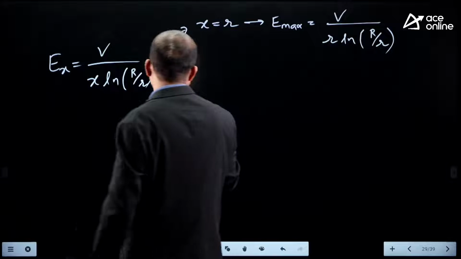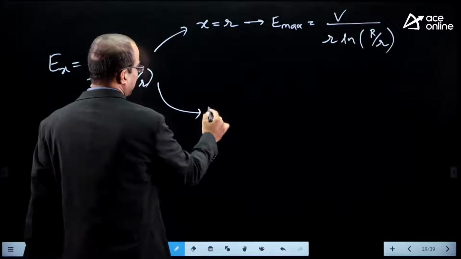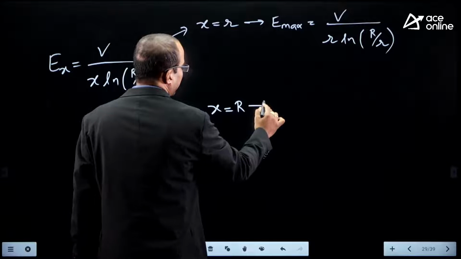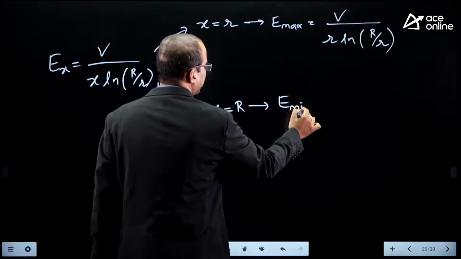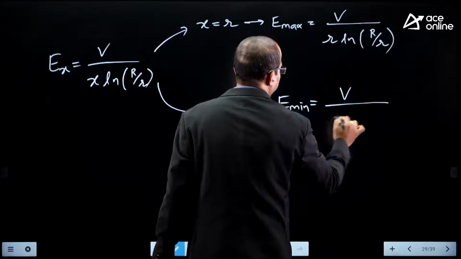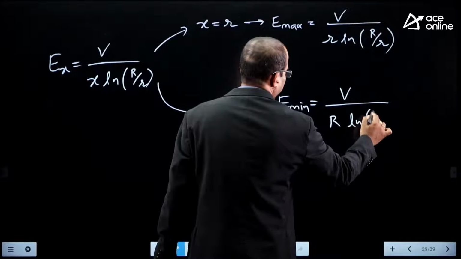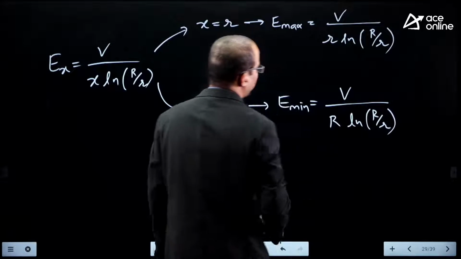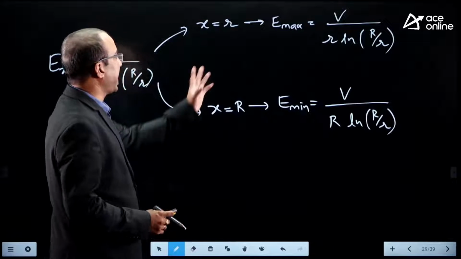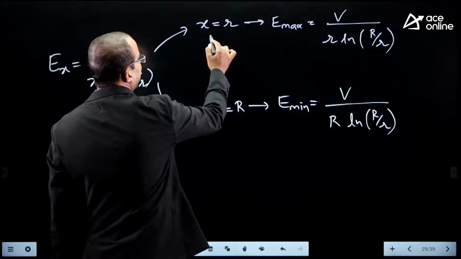And at the sheath, x equal to capital R, you get the minimum stress, that is V by capital R ln of capital R by small r. So the maximum stress is at the conductor surface.